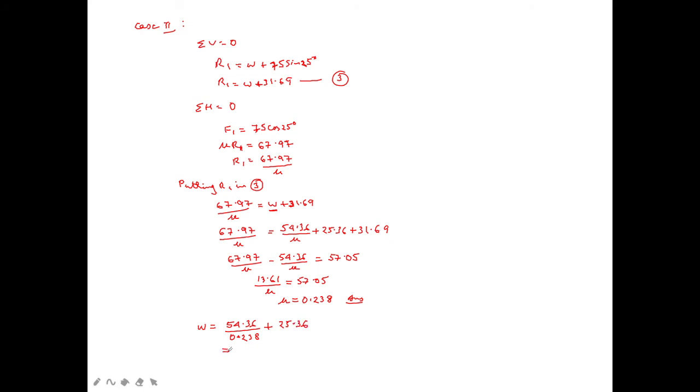Now if you calculate, we'll get the value of W as 253.76 Newton. This is the answer. So you got the value of mu, you got the value of W.